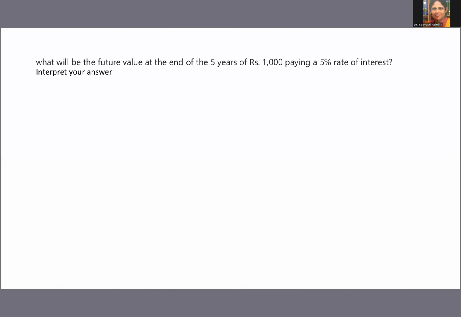Now the formula we can use to calculate future value and present value is the one we already use for calculating compound interest. We just need to understand the meaning of future value and the meaning of present value.